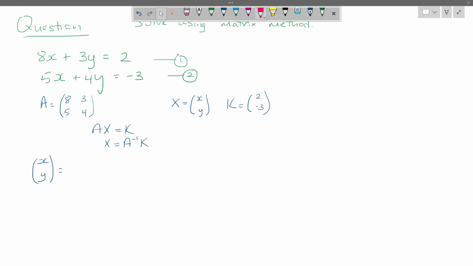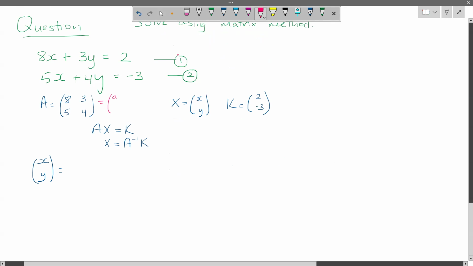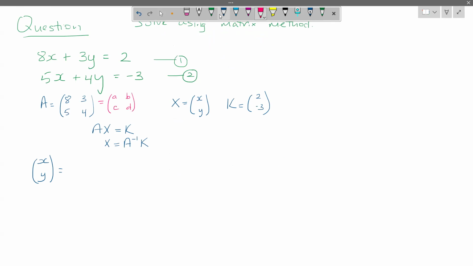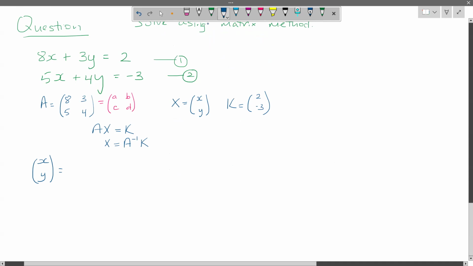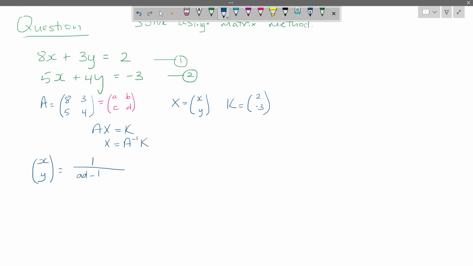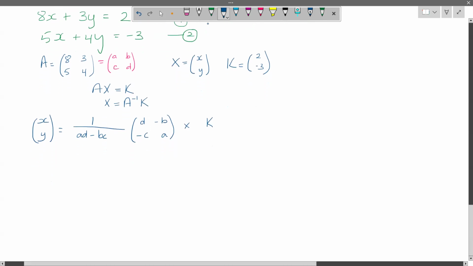So this is how we frame up our answer. Don't forget to label it A, B, C, D. So when we start to put our formula here now, you're going to get AD minus BC by the adjoint, which is D, minus B, minus C, A, multiplied by K. So we substitute in our values into here.